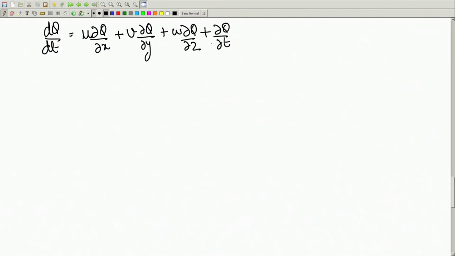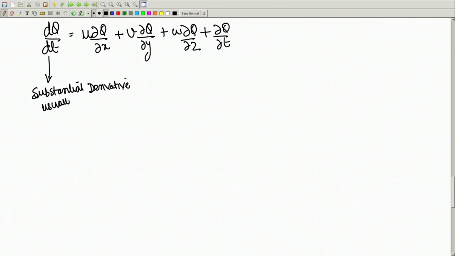All right. So, this Dq Dt is called substantial derivative.